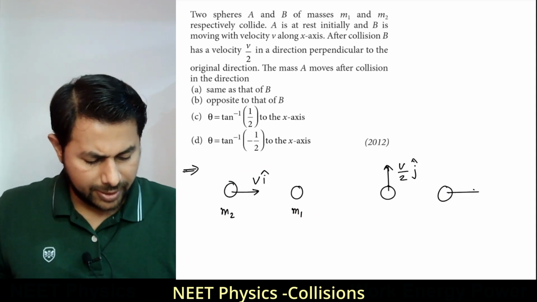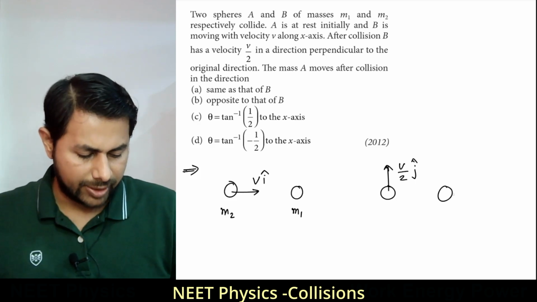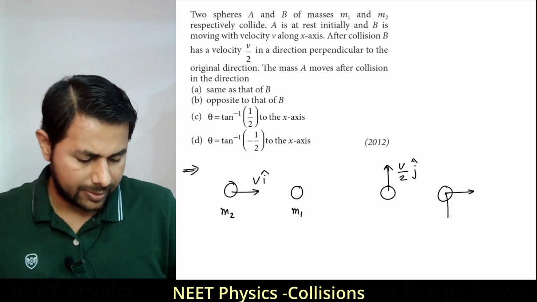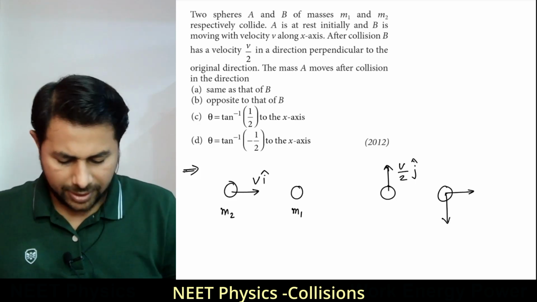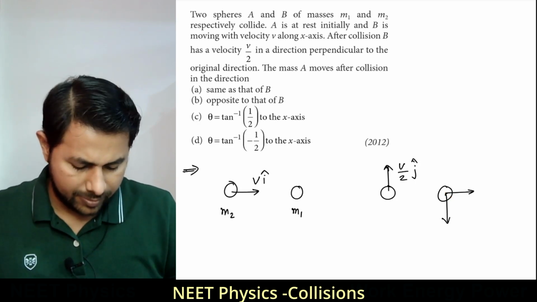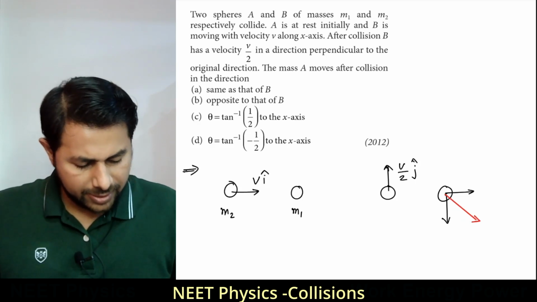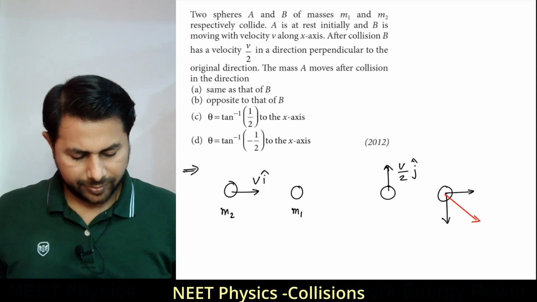Is this thing clear? Yes, no? So it will have some horizontal and some vertical momentum like this, so the resultant will be something like this, inclined to the x-axis at some negative angle.